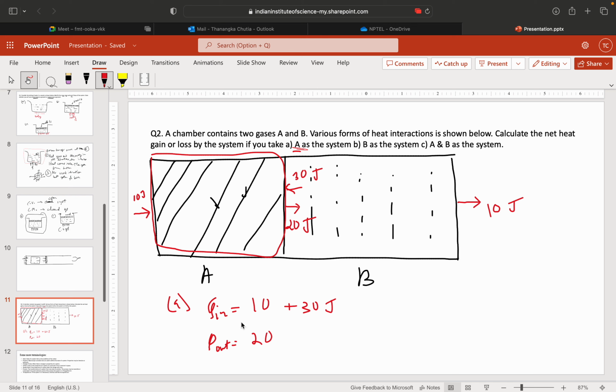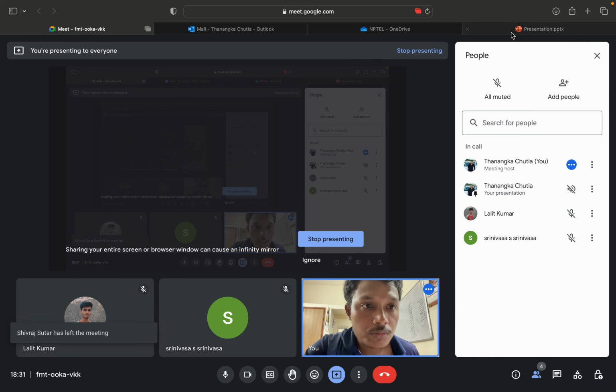So Q in will be positive and this will be negative. So my Q net will then be 20 joule. So what will be your answer? The answer will be the system gains 20 joule. Okay, any doubt?